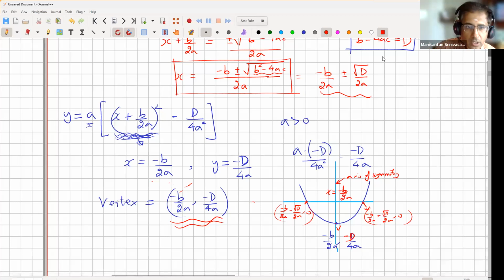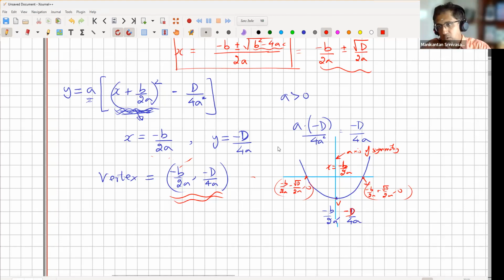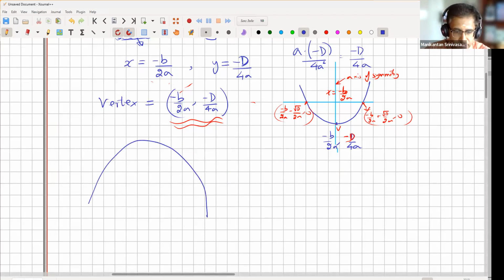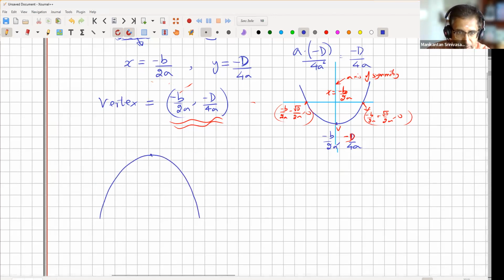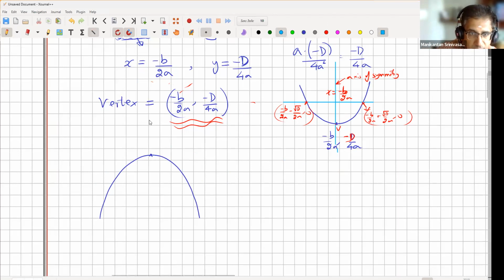Okay, so what if a is negative? If a is negative, the entire thing becomes upside down. So the parabola will look like this. So if a is negative, I'll just draw a picture here. Then the parabola will look like this, and this is the vertex. This will be the axis of symmetry, and let's say this is the x-axis.